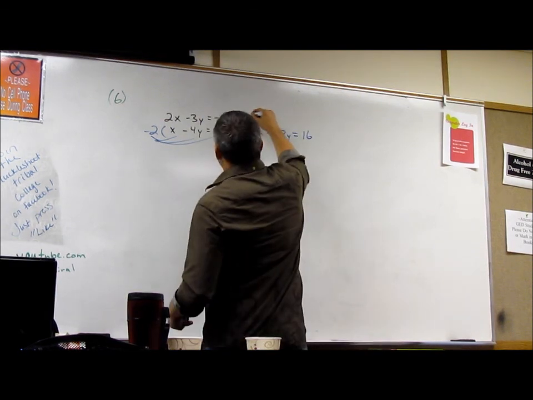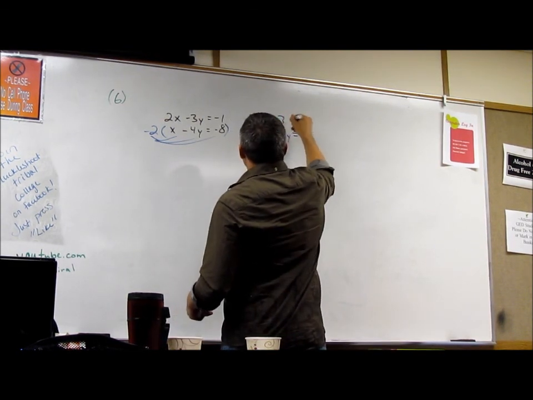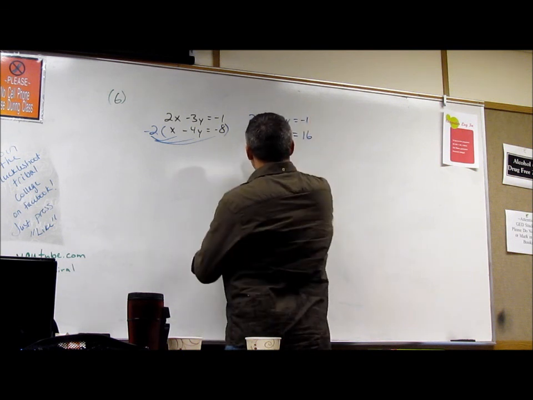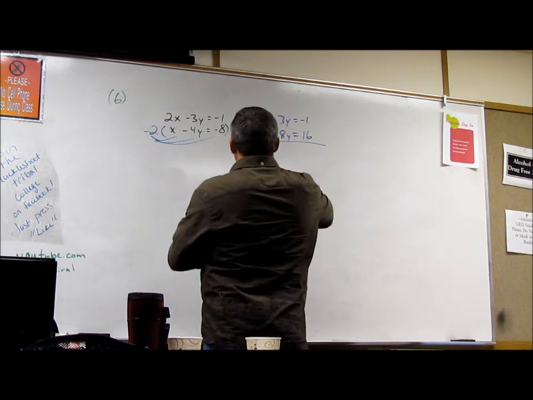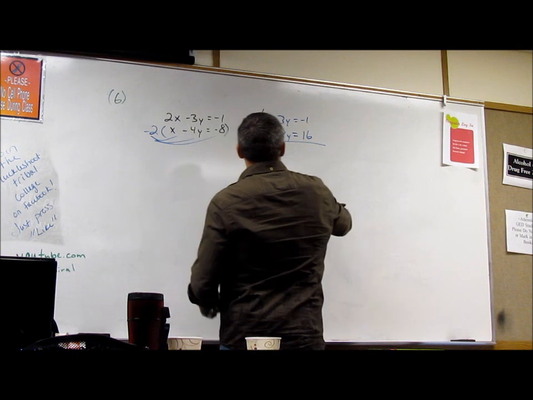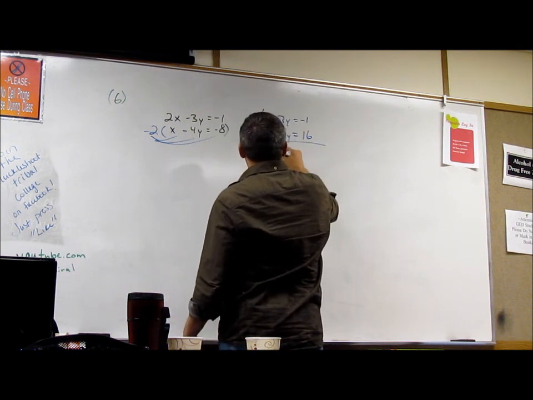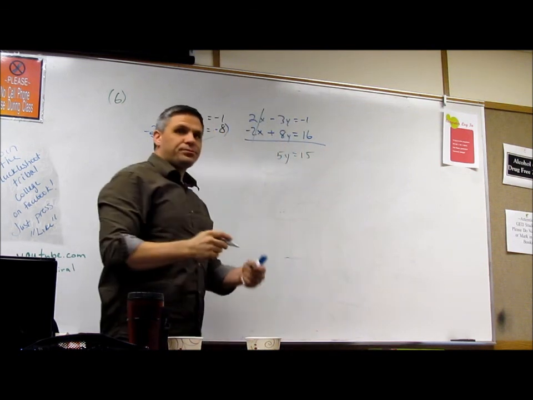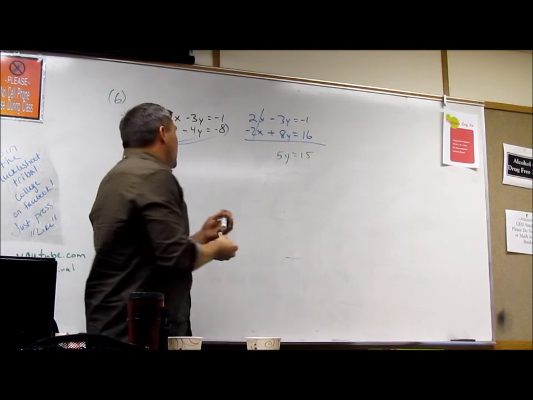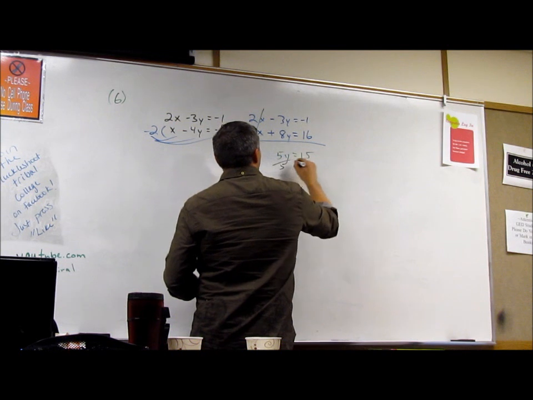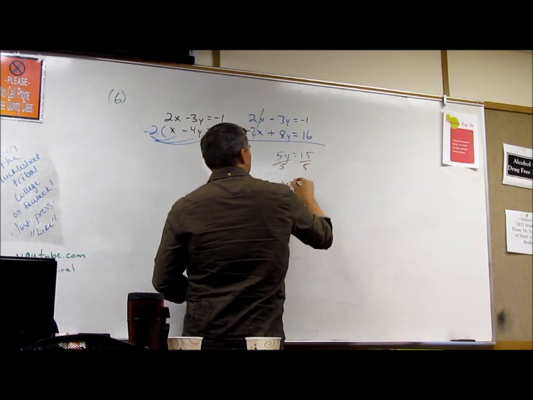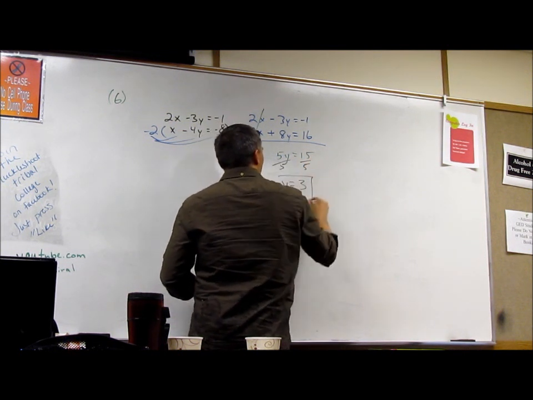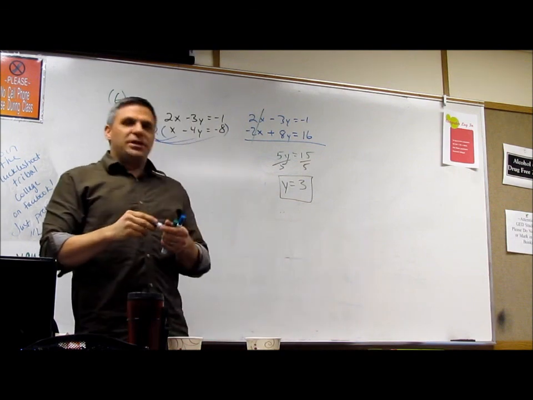Okay? And then up here I got 2x minus 3y equals negative 1. I add them up, and these cancel, and I get 5y equals 15. That's not bad. Divide by 5, divide by 5, I get y is equal to 3. Is there a solution?